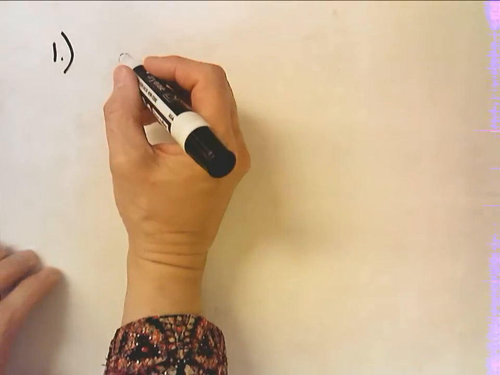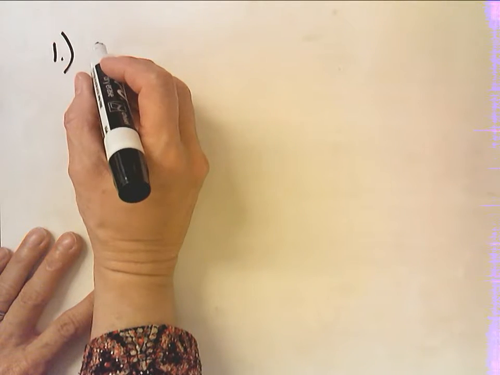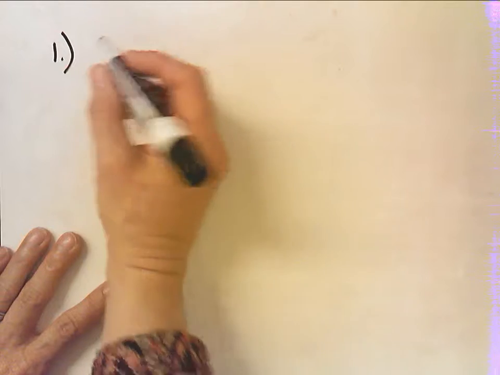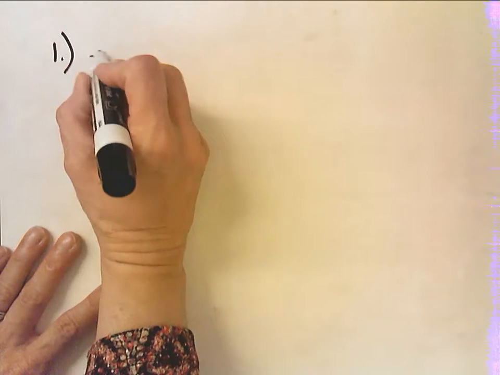Okay, on page 32, we're going to do a review of 9.1 and 9.2. So, for number 1, now, we are adding these together. So in this case, since it's addition, the parentheses are superfluous, meaning we really don't need them.